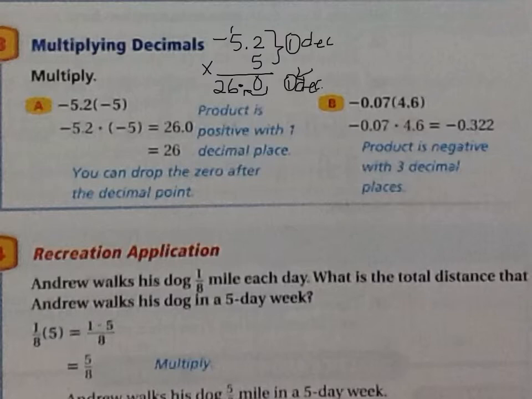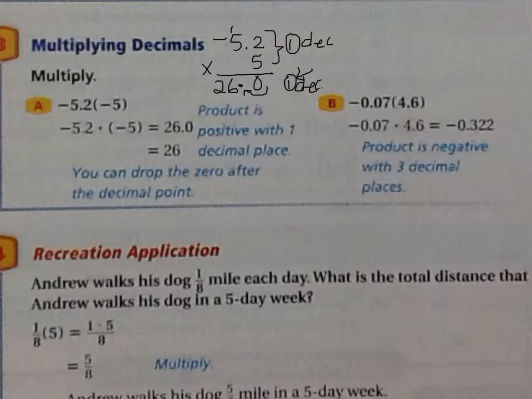Let me clarify. I said to put your number with the most digits where? On top. But it needs to be digits of value. So when you look at that negative 7/100, you have 2 zeros in front of it. They're just placeholders in this case, right?